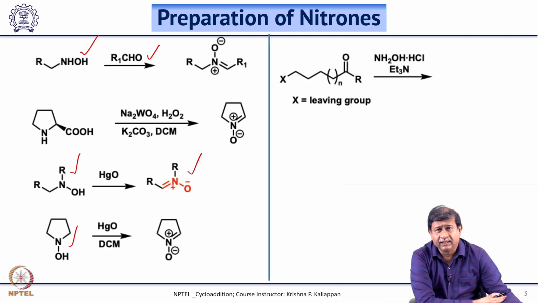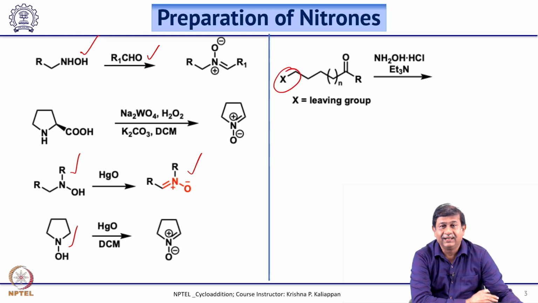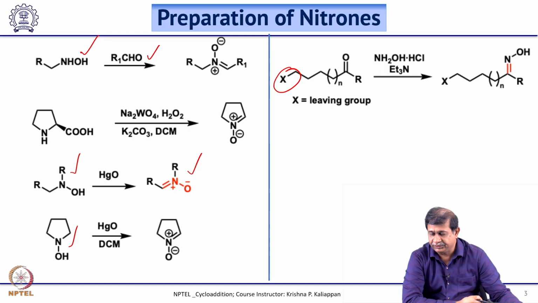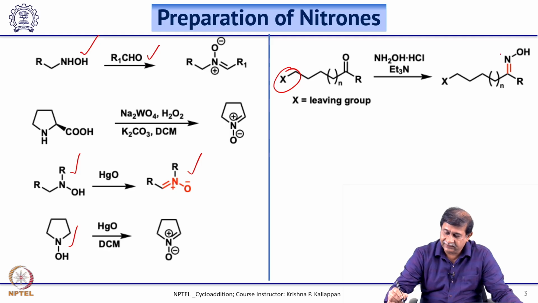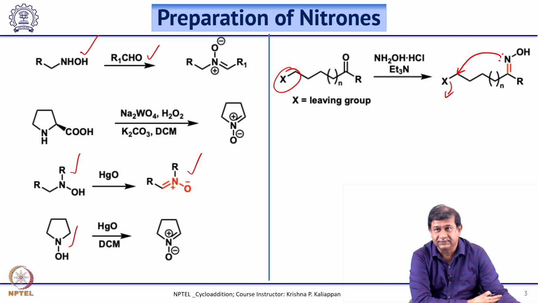Then if you have a ketone and a leaving group at a distance where the ring size can be 5 or 6, you take this ketone and then treat with hydroxylamine. So in situ what happens, first it forms the oxime, then the lone pair on the nitrogen intramolecularly attacks the carbon bearing the leaving group in an SN2 fashion to form the corresponding nitrone.